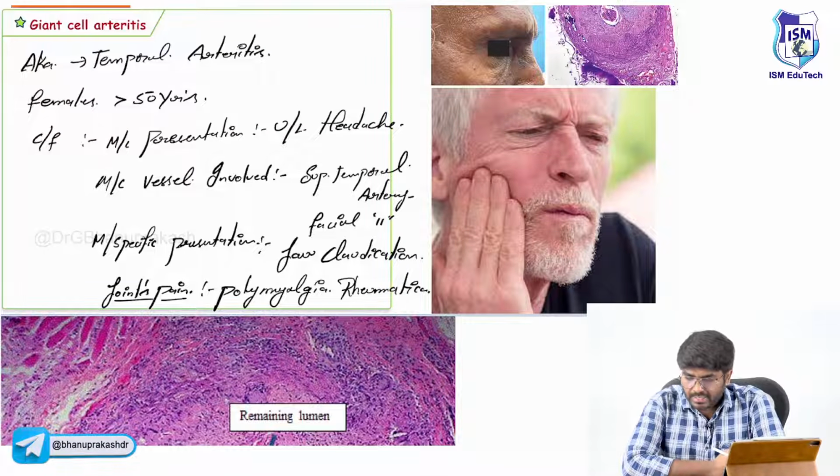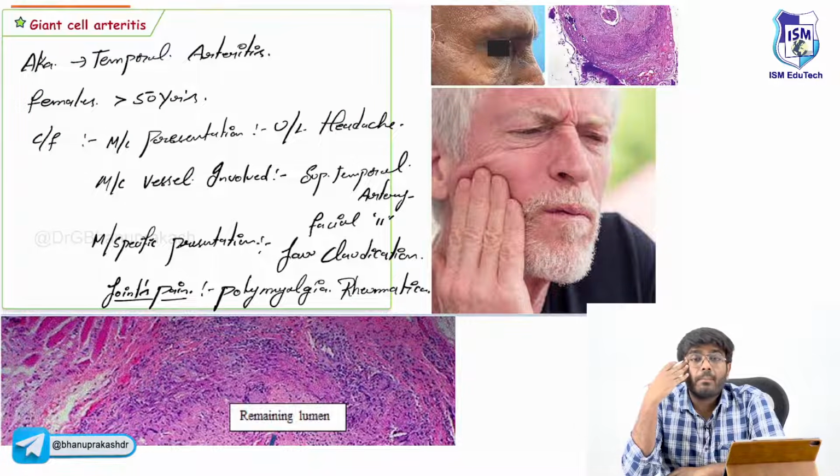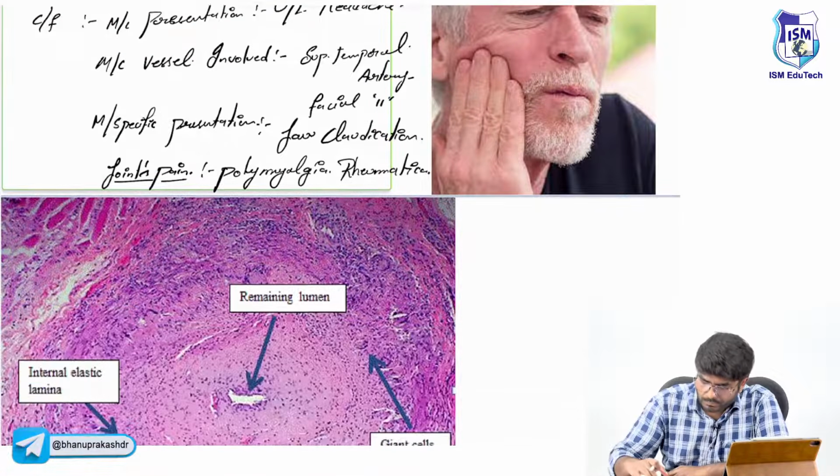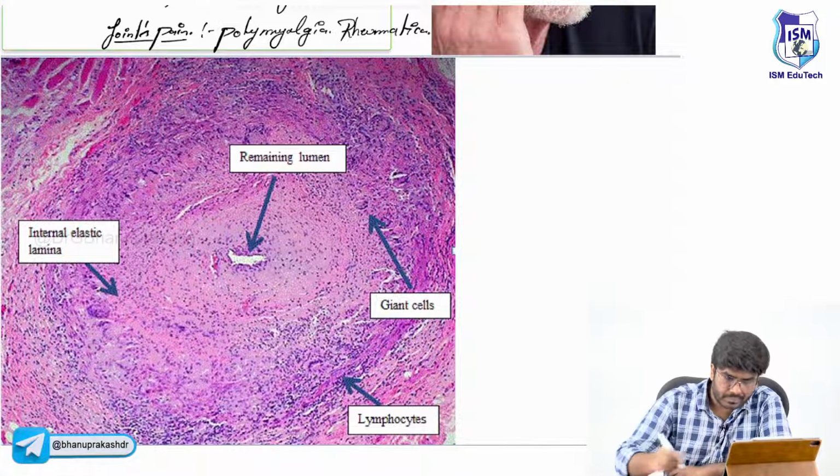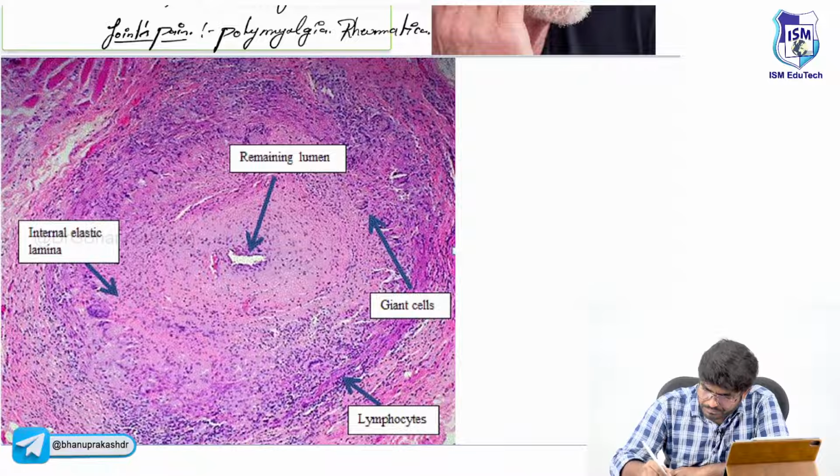Okay. Next, the main problem with these patients is that this inflammation can even spread to the optic nerve, and that can lead to visual loss. That's the most problematic thing. Let me write here: severe complication.